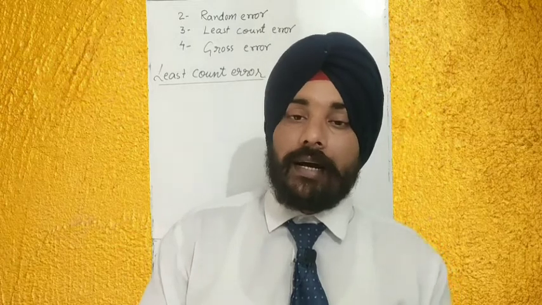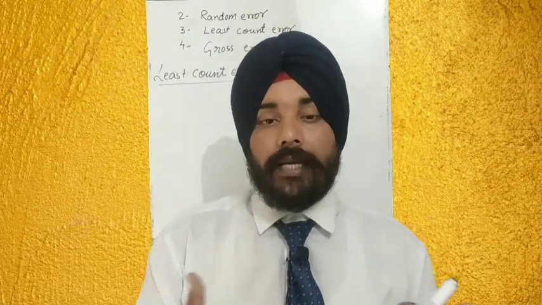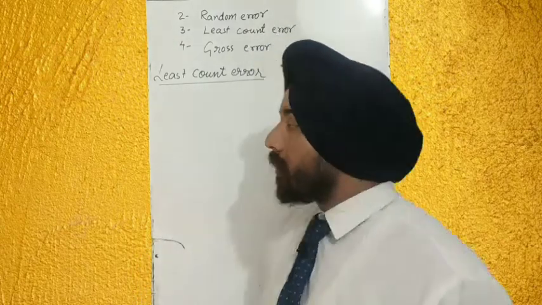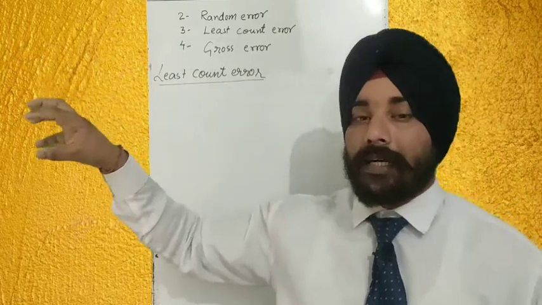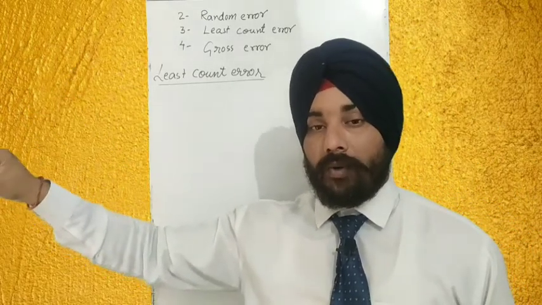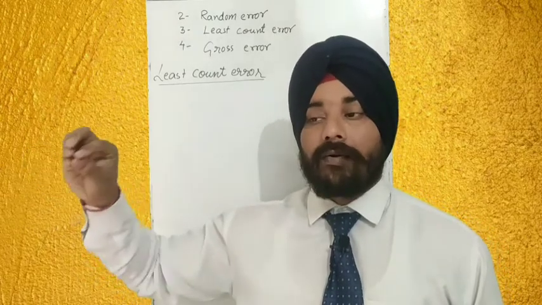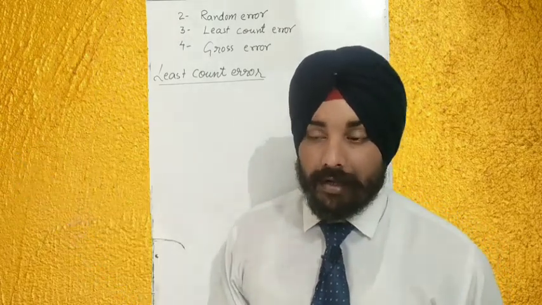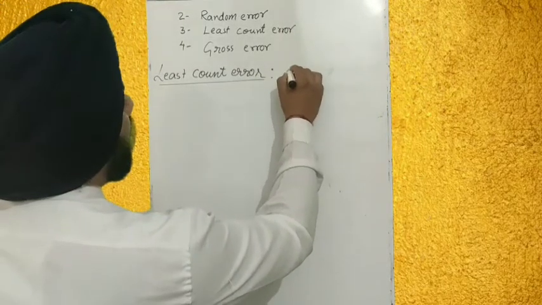So this error occurs in some of the instruments that we are taking in our experiments. So what is the least count error? The least count error is the least count, the smallest value up to which the instrument is accurately measuring things.